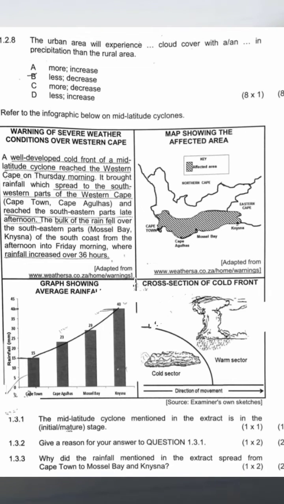The bulk of the rain fell over the southeastern parts, which is Mossel Bay and Knysna. Southwestern parts of the south coast from the afternoon into Friday morning, where rainfall increased over 36 hours. So it's very important to underline, guys, when you are reading these.